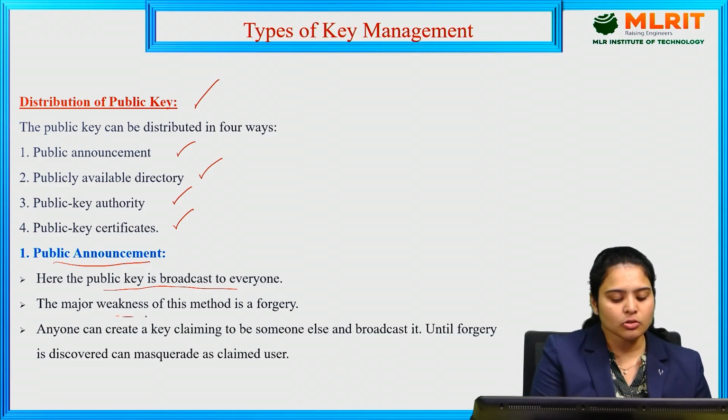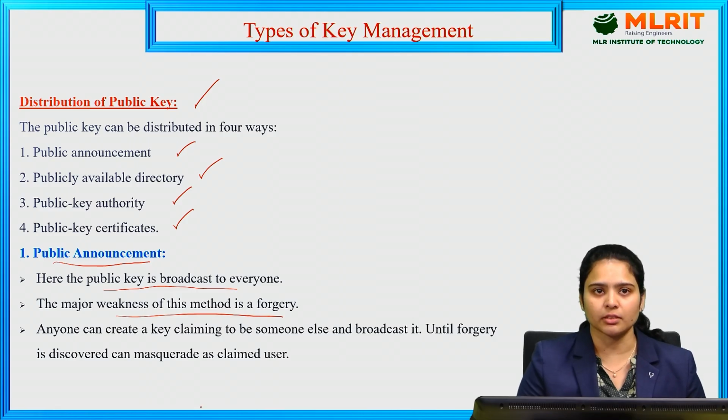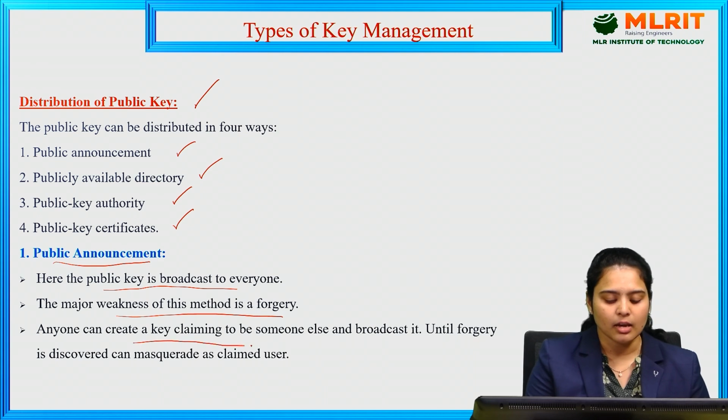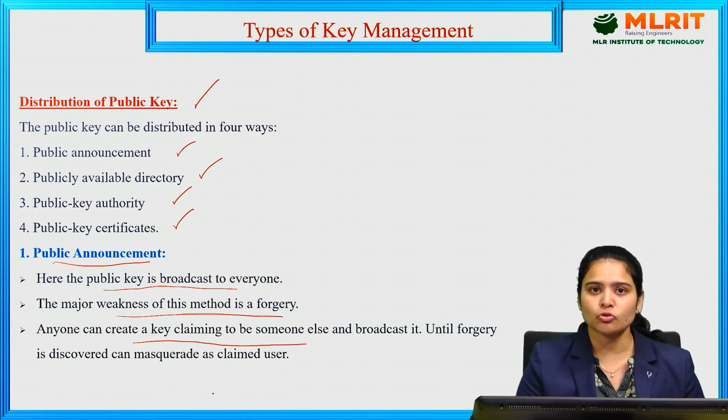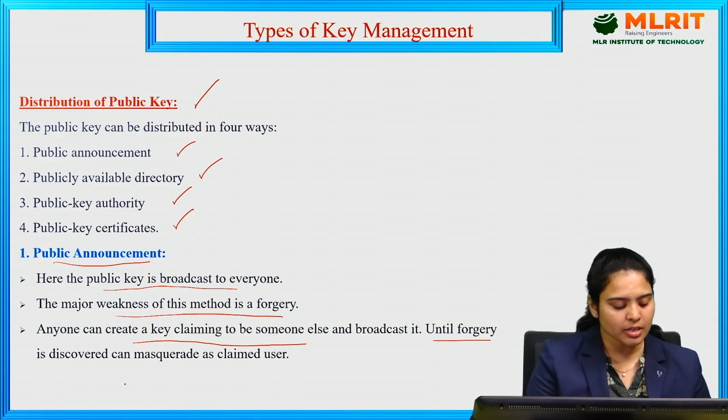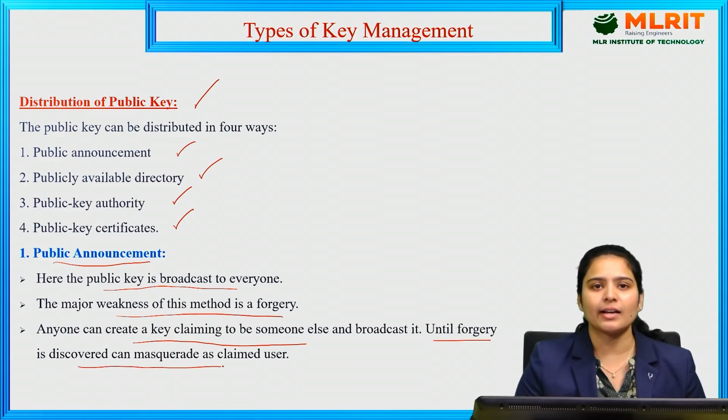The major weakness of this method is forgery, where someone can create a key claiming to be someone else and broadcast it. Until the forgery is discovered, it can masquerade as the claimed user.